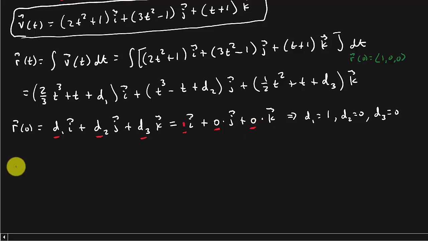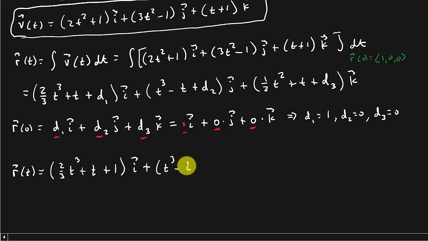See, the d1 has to equal 1, the d2 equals 0, and the d3 equals 0. And so now I've got r of t is equal to 2/3 t cubed plus t plus 1, see, d1 is 1, times vector i, plus t cubed minus t, and then d2 is 0, so that's times vector j, plus 1/2 t squared plus t, and then d3 is 0, so that's times vector k.